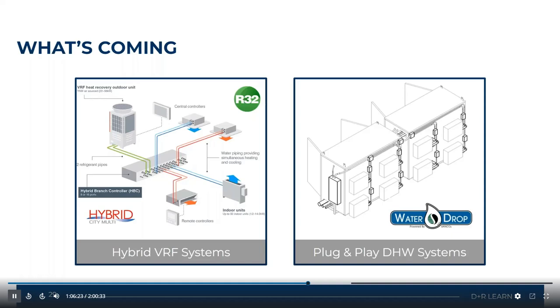The reason why is because they're really adaptable and easy to install and offer a lot of flexibility and function for specific applications. You can have heating and cooling provided from your hybrid VRF systems. Now, in the domestic hot water arena, we have the commercial heat pump water heaters, which are now being packaged together. So these systems no longer need to be custom engineered, they're just plug and play.